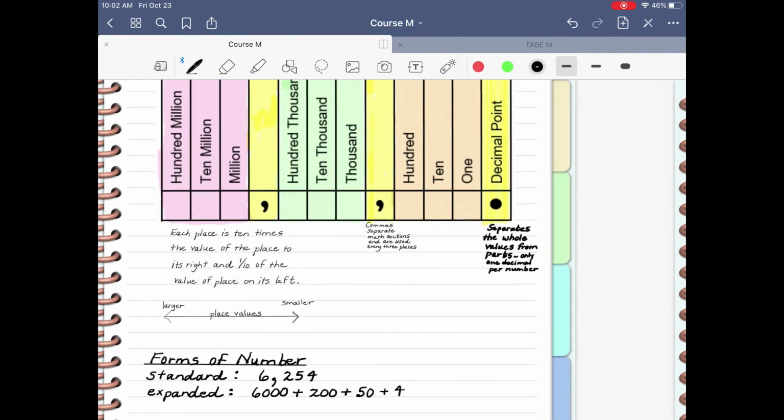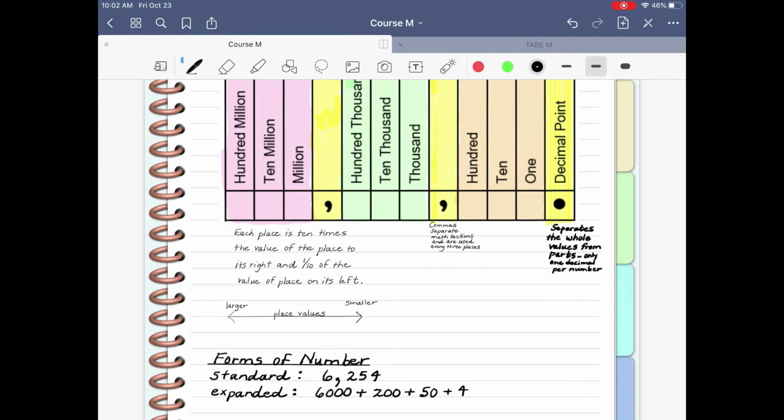So if I were to write that in this place value chart that I just drew, I would have 6,000. Let me make that even a little darker. 6,254. And that helps me do my expanded form. 6,000, 200, 5 tens, 4 ones.